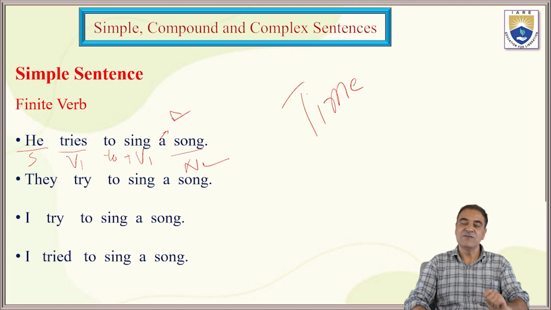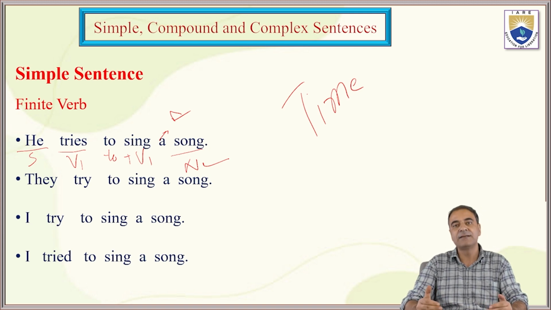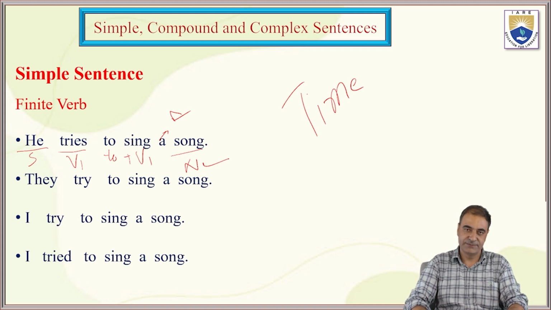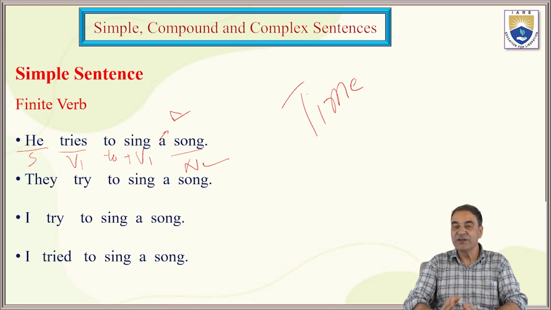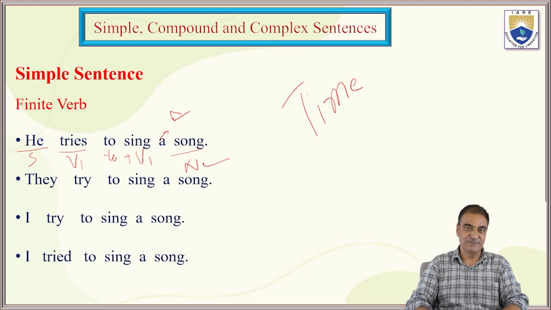Yes, of course, there's one more verb, that is sing, to sing. But to sing doesn't show time of an action. Therefore, we can say that it's a non-finite verb. And as I told you, a simple sentence is a sentence where there is only one finite verb, that means a verb that shows the time of an action.